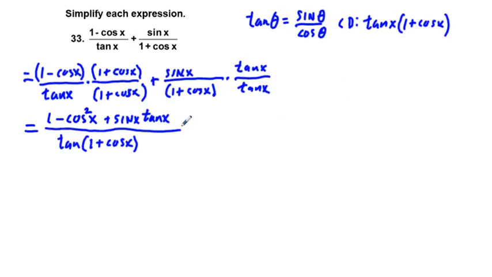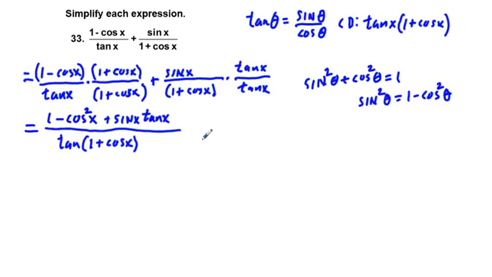Now, if you recall from that last problem we did, problem 31, we had that sine squared theta plus cosine squared theta is equal to 1, and we subtracted cosine squared theta from both sides. So we had sine squared theta is equal to 1 minus cosine squared theta.